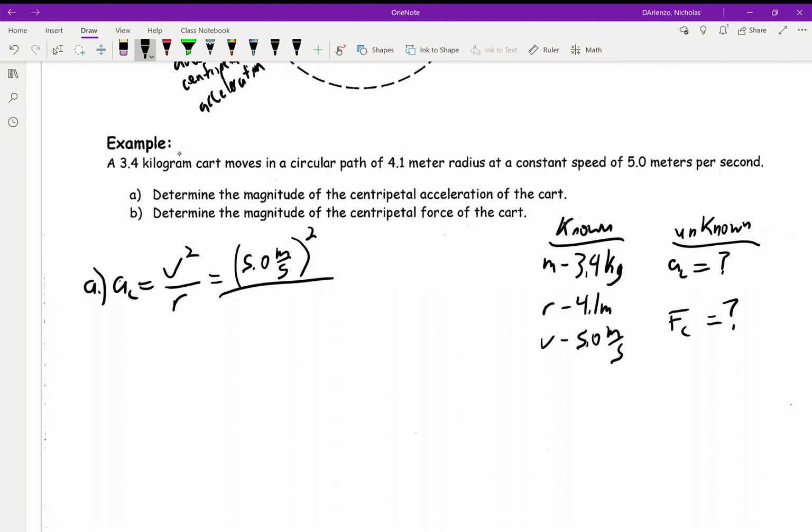And we'll divide that by the radius of curvature of the path, which is 4.1 meters. This comes out to 25 meters squared per second squared over 4.1 meters, which gives us 6.2 meters per second squared, as one of our meters will cancel there.